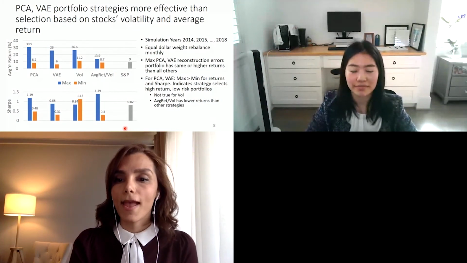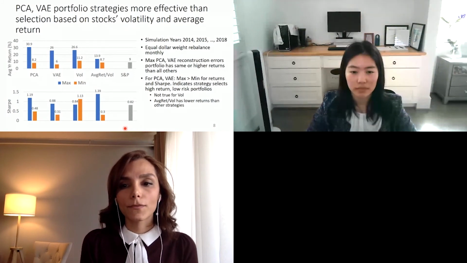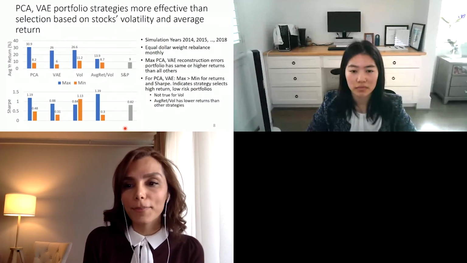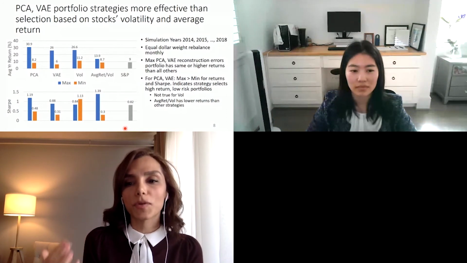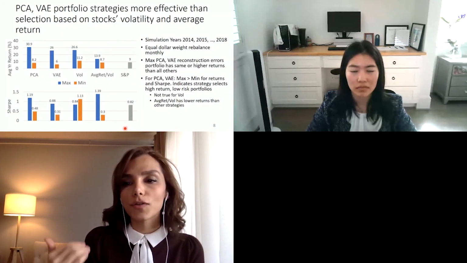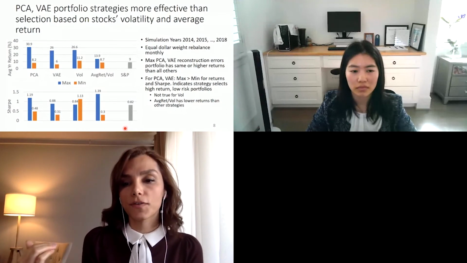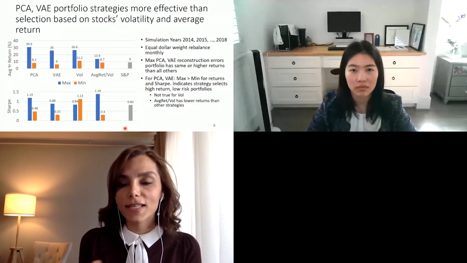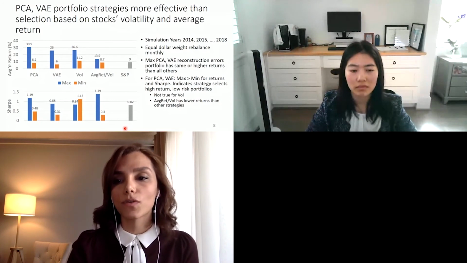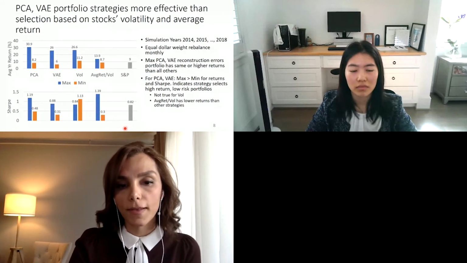Okay, great. And could you also elaborate on your perspective on why the max difference strategy worked so well? Did it identify some extreme stocks that were strong momentum stocks and rode them to higher performance?